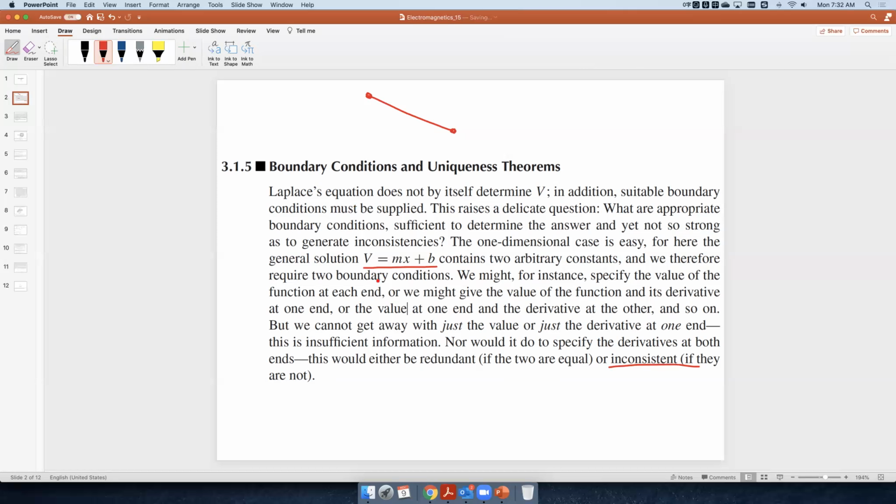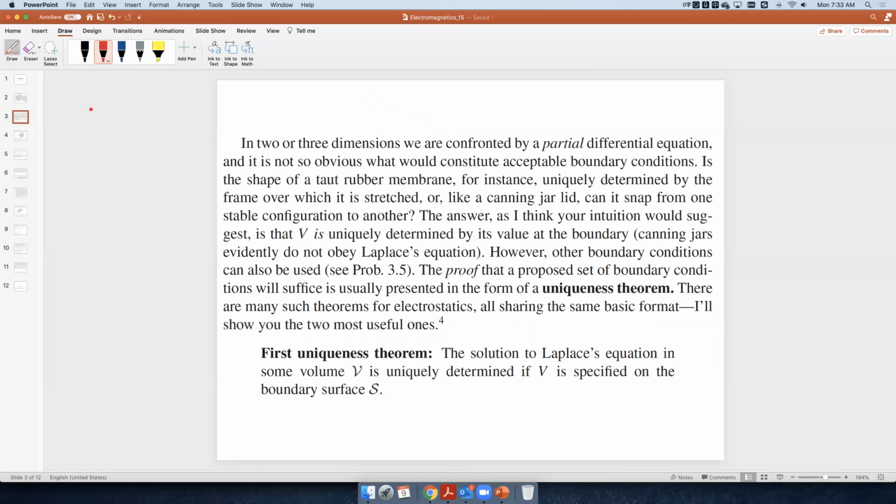So this one-dimensional case tells us that if you know the boundaries for a line equation, then you will be able to determine the unique solution, the unique line.